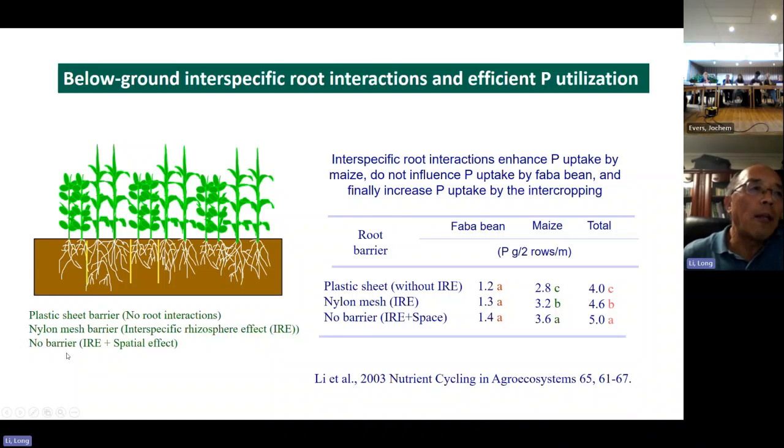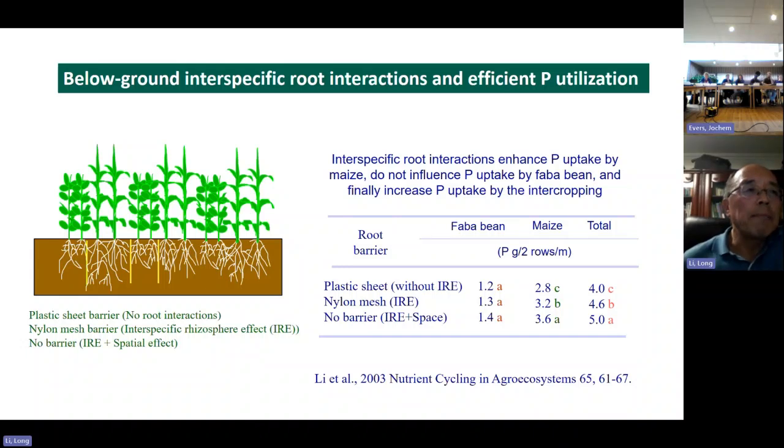Also, we used a nylon mesh barrier. The nylon mesh barrier permitted water, nutrients and root exudate exchange between the two crops, but did not permit root intermingling.